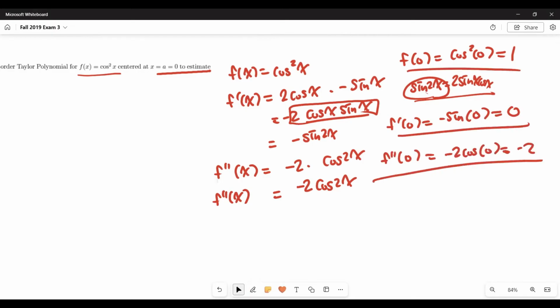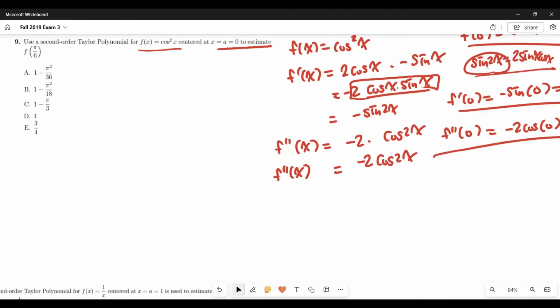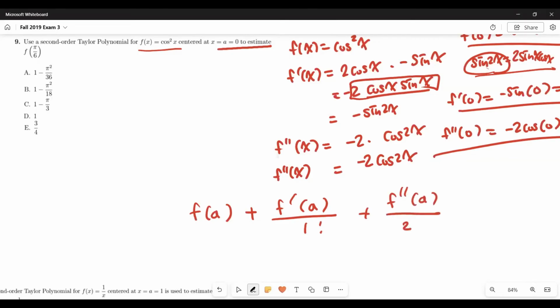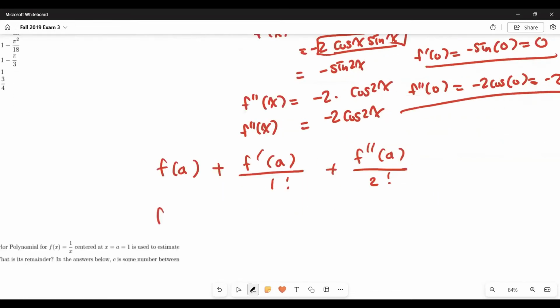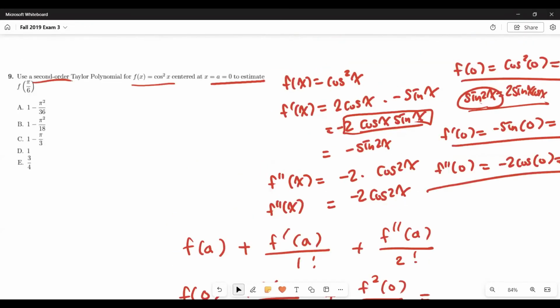That will be important because if you remember your Taylor series, it's basically f at some value a, plus the first derivative at a over 1 factorial, plus the second derivative at a over 2 factorial. Then the pattern goes on. So in our case, it will be f of 0 plus f prime of 0 over 1 factorial and then f double prime of 0 over 2 factorial, because we just want second order.